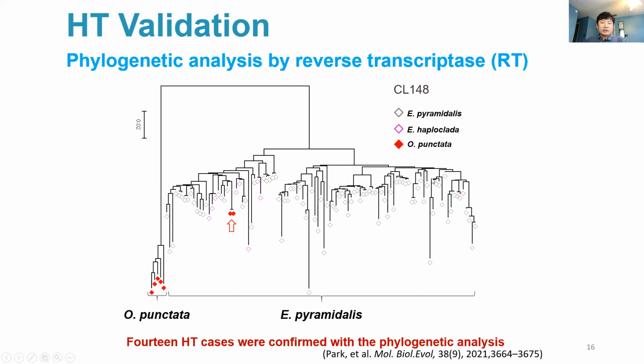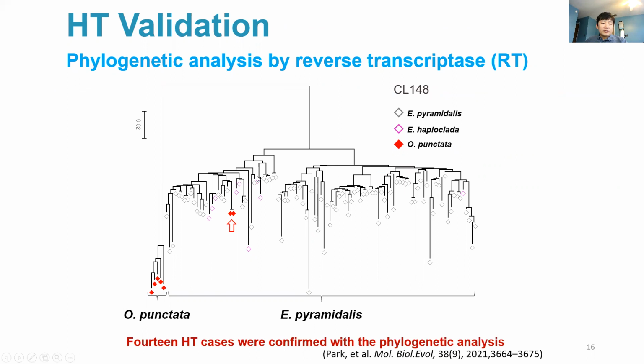To validate the horizontal transfer, we used phylogenetic analysis using the reverse transcriptase homologs. The reverse transcriptase homologs of a horizontally transferred LTR-retrotransposon were isolated from both donor and recipient species, and the phylogenetic tree was constructed with these homologs.